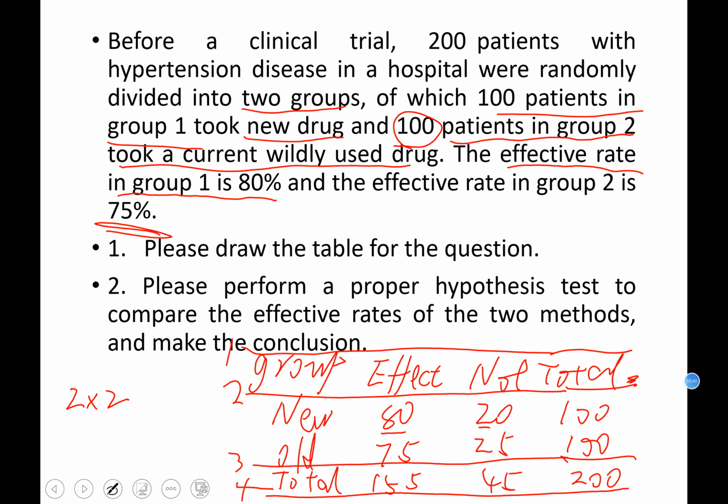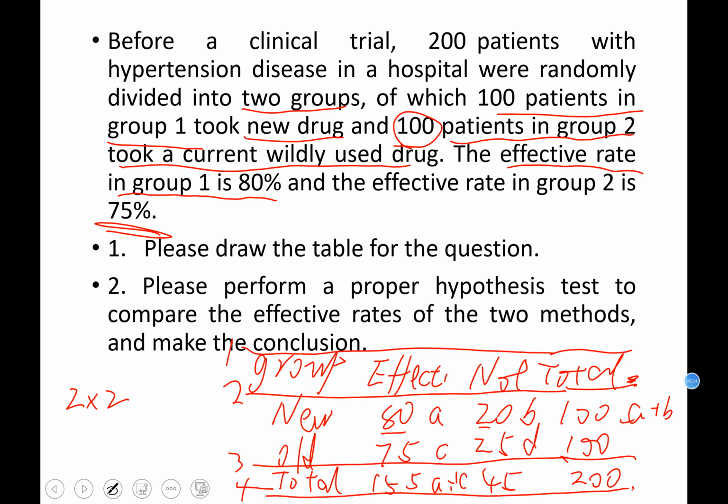Please notice that here we have 4 numbers: A, B, C, and D. If we use A, B, C, and D to represent the 4 numbers in each cell, we can calculate all of the other numbers with these 4 characters. For example, the total for group 1 is A plus B. The total for column 1 is A plus C.